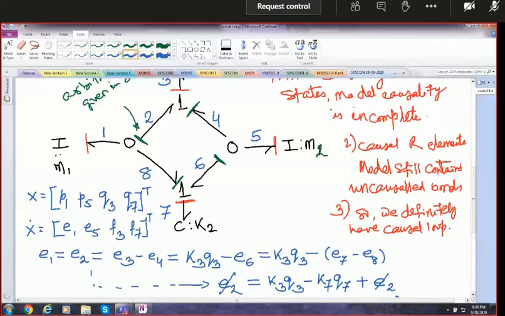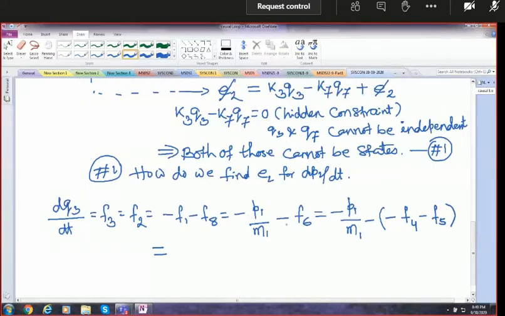This is minus F1 minus F8. Then this is minus P1 by M1 minus F6. So we have P1 by M1 minus F4. So this has become actually plus. One of them has become plus. F4 and F5, where are F4 and F5? F5 is P5 by M5.